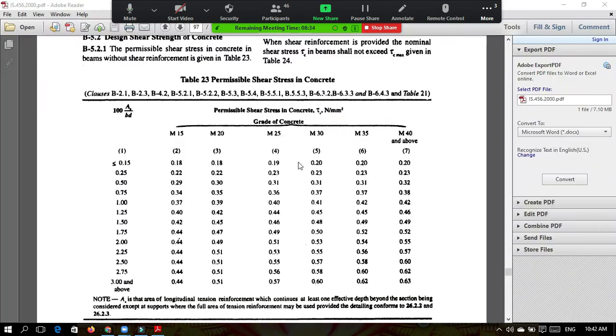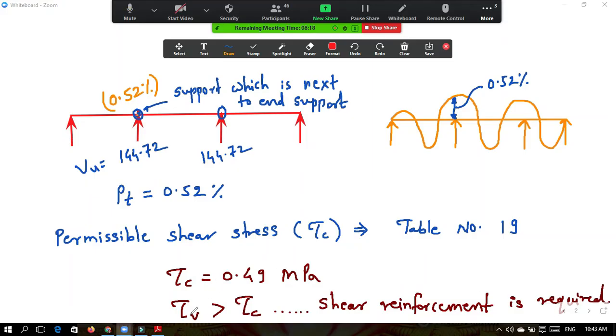So we need to make one correction over here. Here we got tau v greater than tau c, so the shear reinforcement is required, correct? Okay, so this table number 19 is for slabs. Sorry, by mistake we have used it.